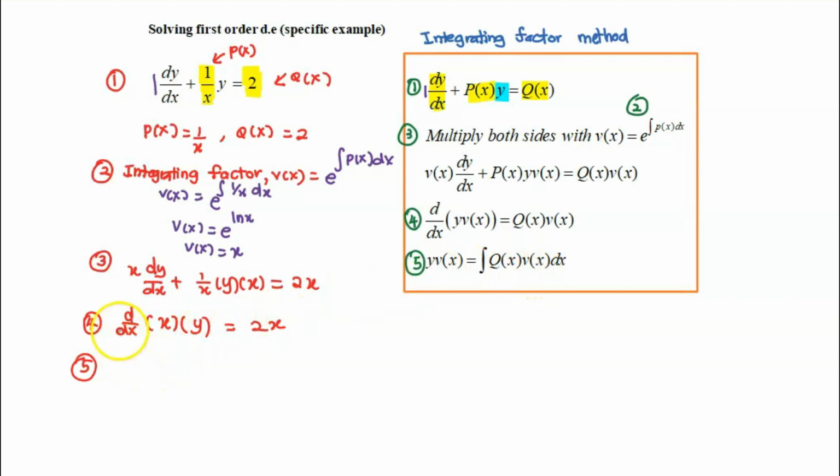So integration of the derivative gives us x times y on the left hand side, equals the term on the right side, which needs to be integrated as usual. So if we proceed with this, we have xy equals the integration of 2x, which is x to the power of 2, plus c as our solution.